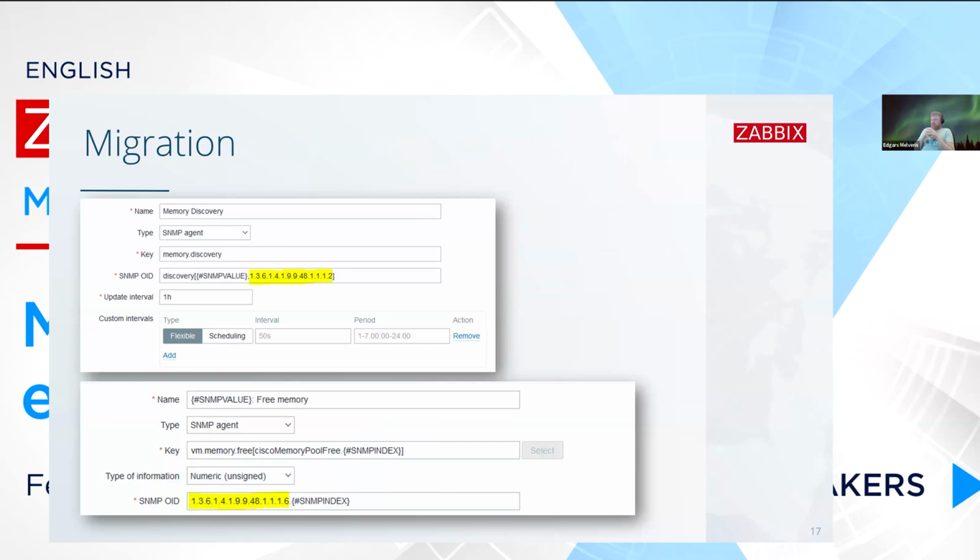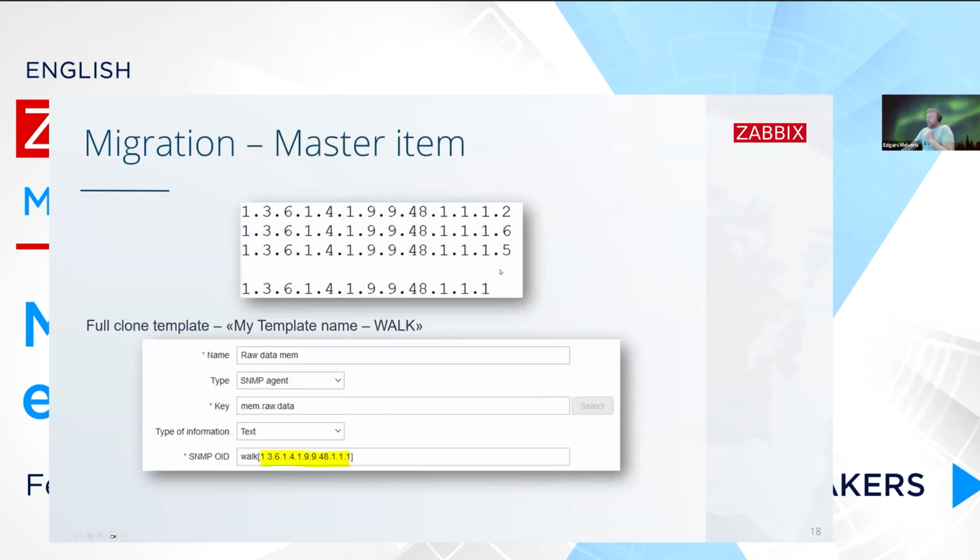In reality, I check through all the OIDs that might be used here and try to find some common position from which to do the SNMP walk. So I open the discovery rule, find the OID, open the item prototypes, find the OIDs used there. Basically, I put them together and find, okay, this is the OID I want to start my SNMP walk from.